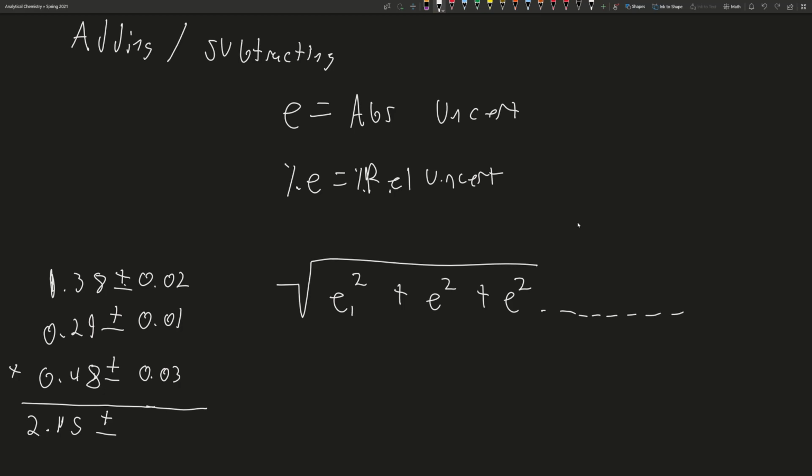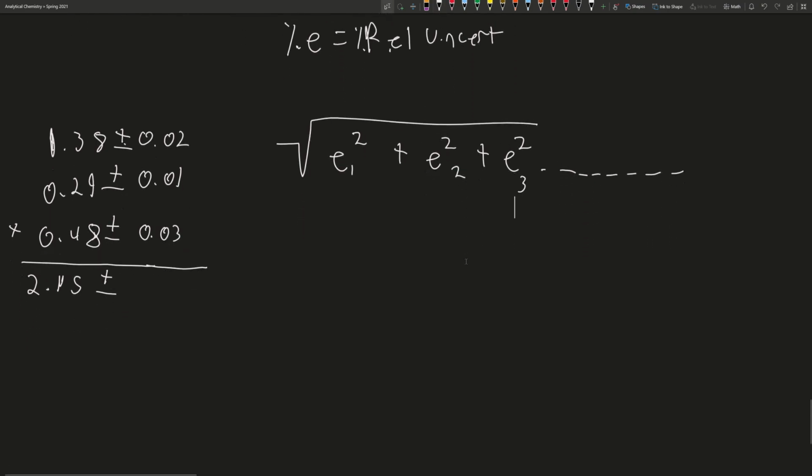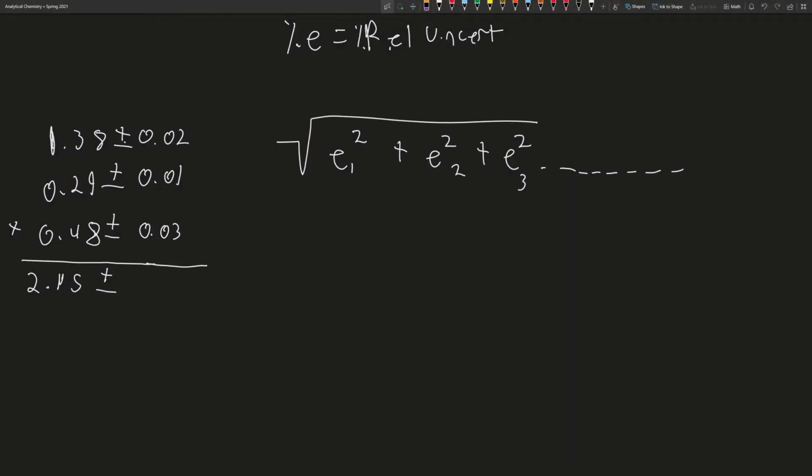So we go to infinity essentially. This is for addition and subtraction. So let's actually do this. When we square values under the radical and add them together, this is typically known as quadrature addition.